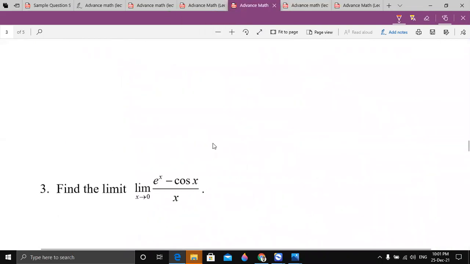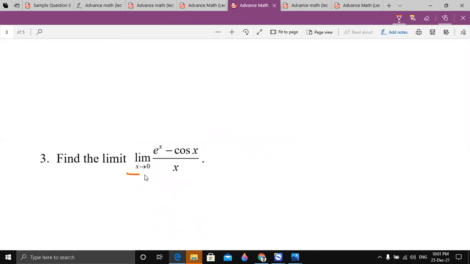Okay. So number 3, we have to find the limit as x tends to 0 of e to the power x minus cos x, by x. So can we input this value here?